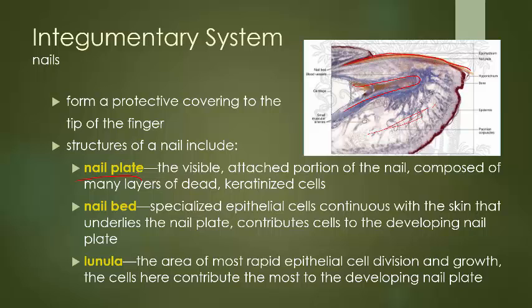And so the nail bed is down here beneath the nail plate, and it contributes cells to the developing nail plate. But where most of the cells that we see in a nail come from is a region of very rapidly dividing, thicker region of epithelial cells, and that is referred to as the lunula.